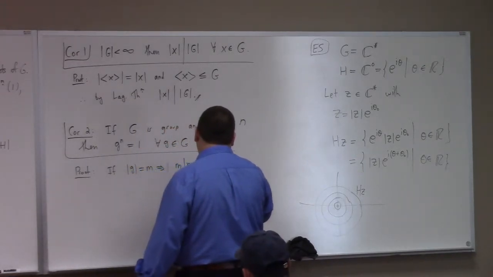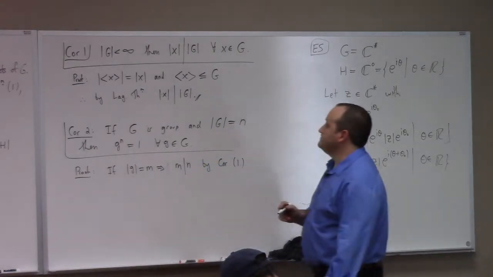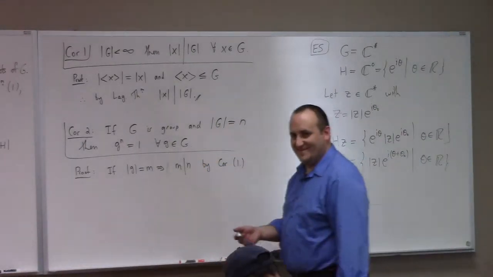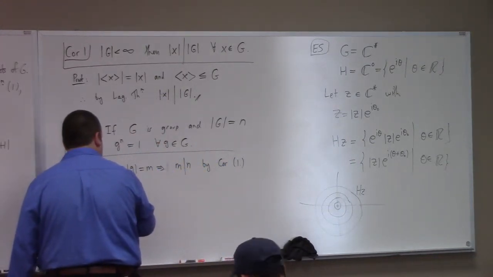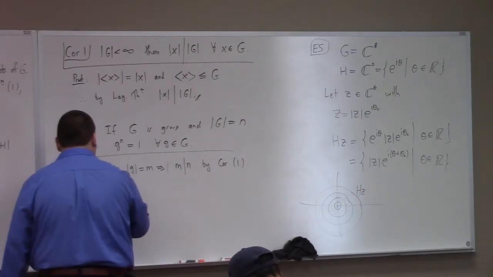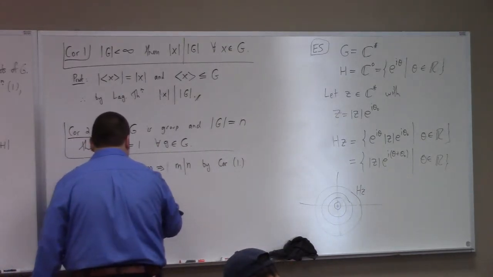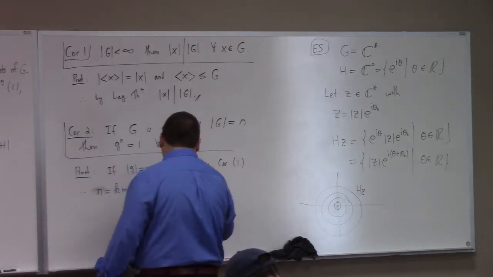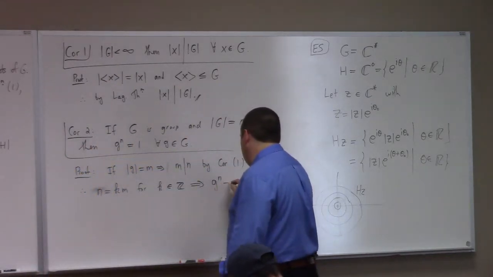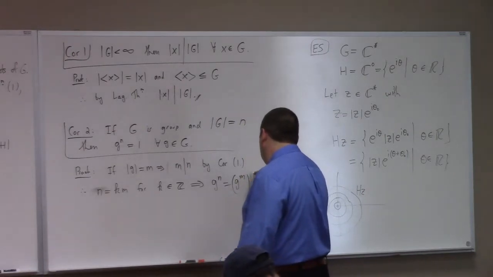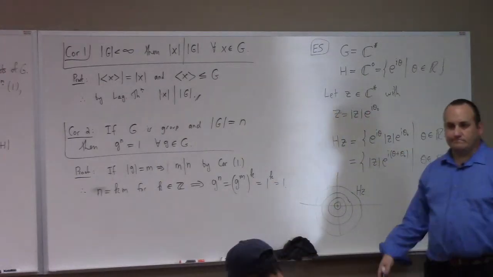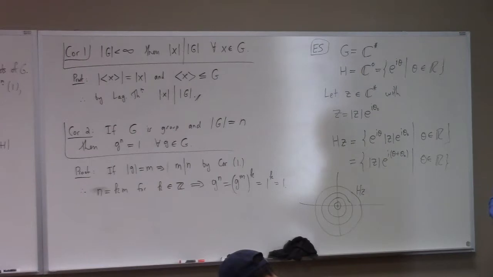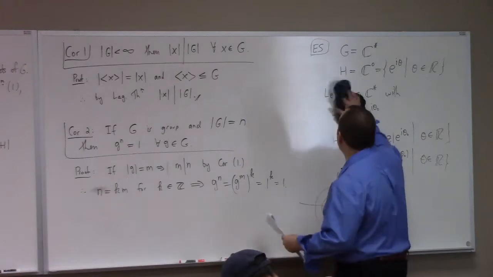Hence n is equal to km for some k in Z, which implies then that g to the n is equal to g to the m to the k, otherwise known as 1 to the k, otherwise known as 1. Okay, so this is great. If we know the order of the group, you take any element of the group, raise it to that power, it's the identity. Inescapable.